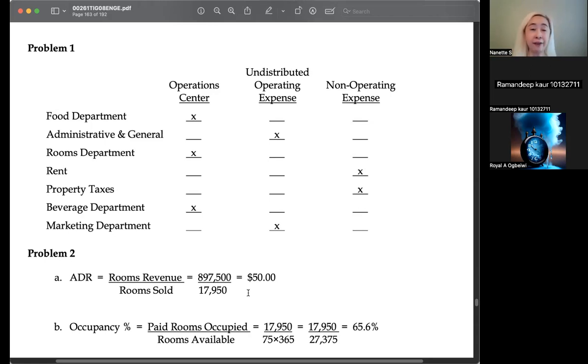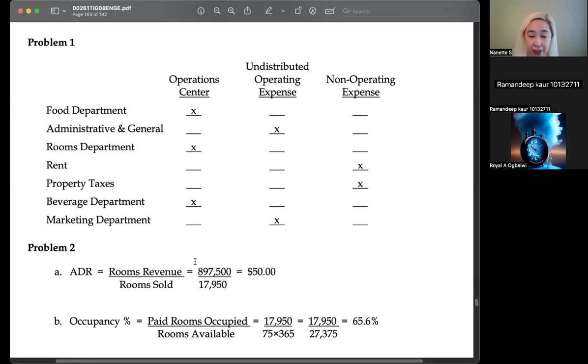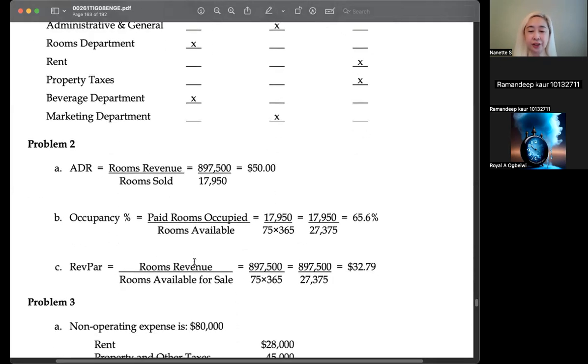So you average those rates, and then you have your average daily rate. In terms of occupancy percentage, you get the value of the paid rooms occupied and divide it by the rooms available. So how much is our occupancy rate for the month of December?